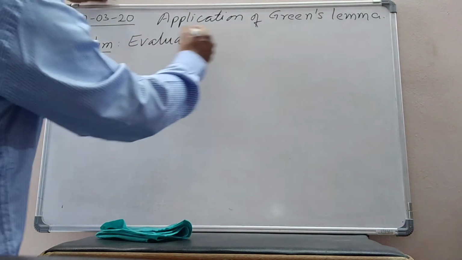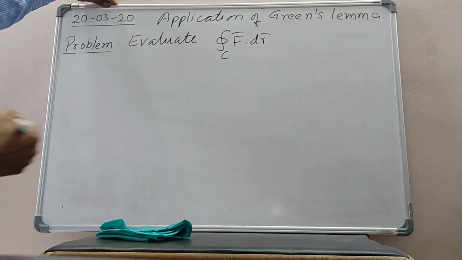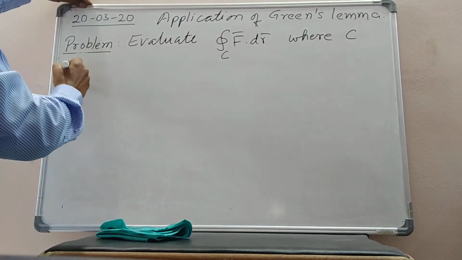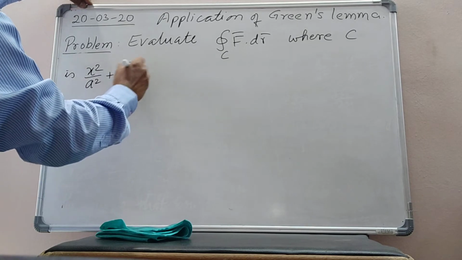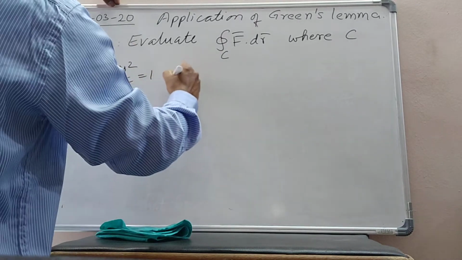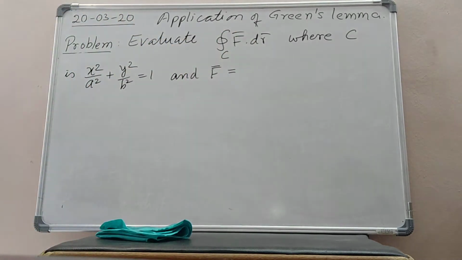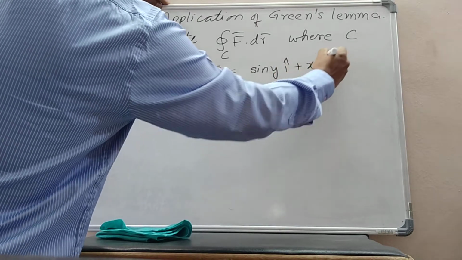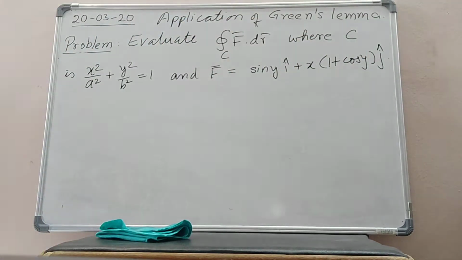So what am I supposed to do? I wish to evaluate this directly, where C is the ellipse and F bar is the vector field sin y i plus x(1 + cos y) j.